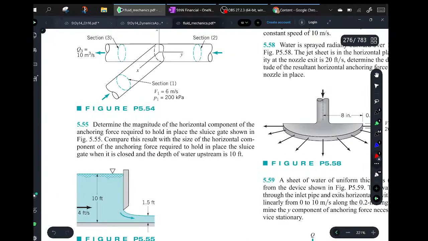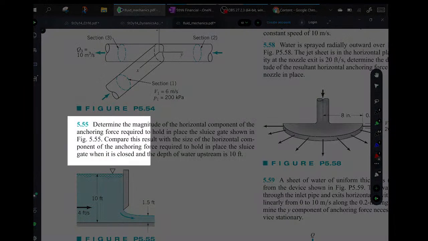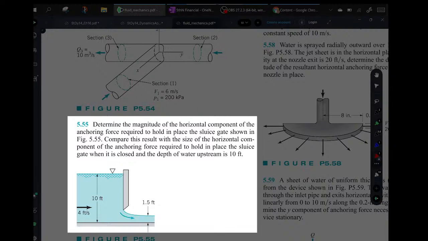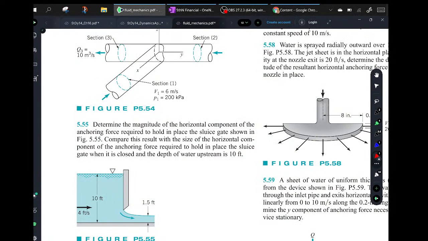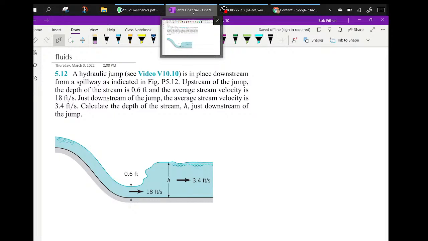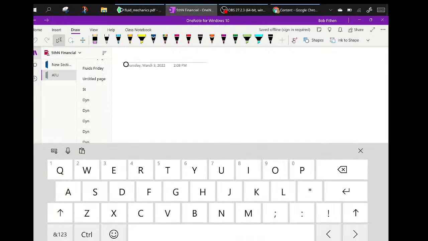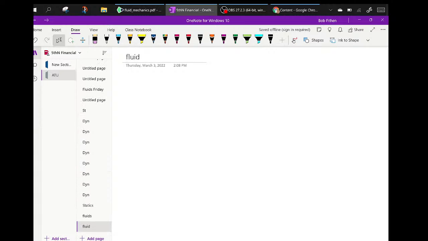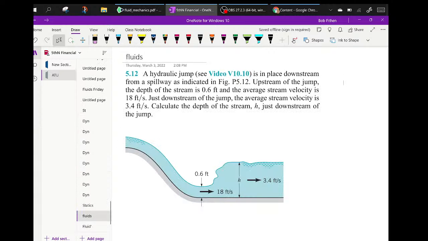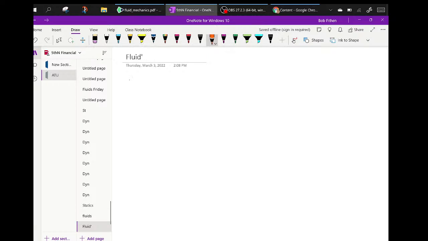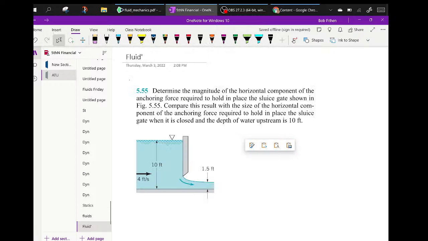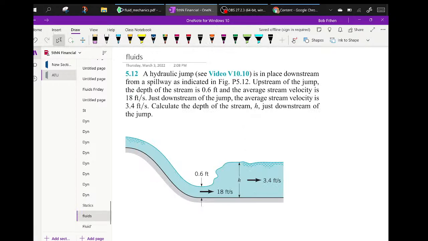I'm going to work this one after that one. So I'll make a place for it. Okay. And I'll drop it right there. Let me go back and do this.